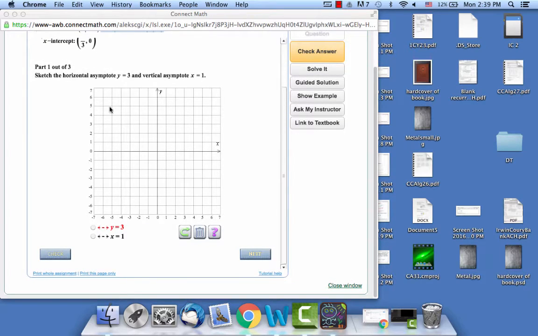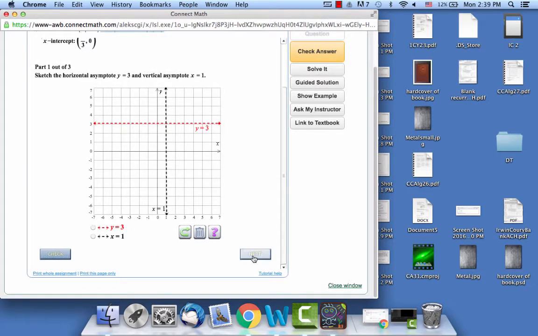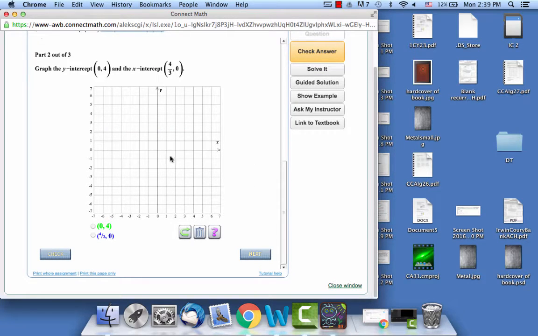Okay, so first we want to sketch the horizontal asymptote. Y equals 3. X equals 1. And then the intercepts 0, 4.